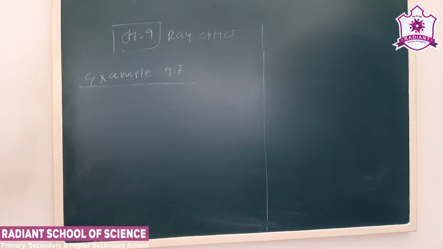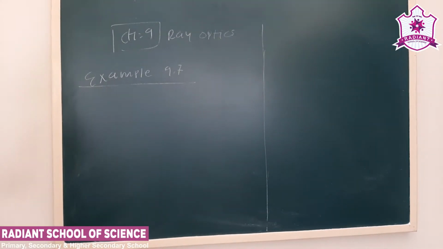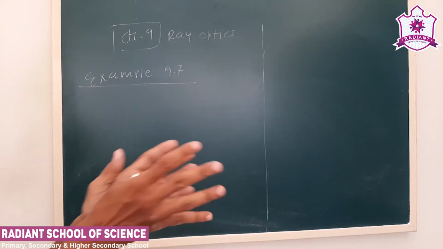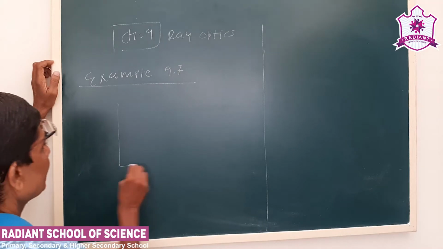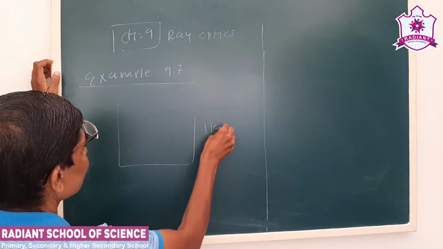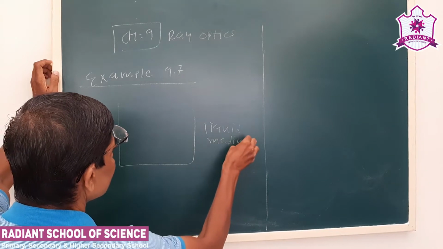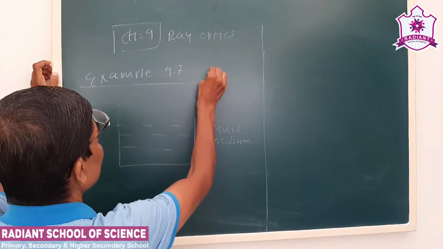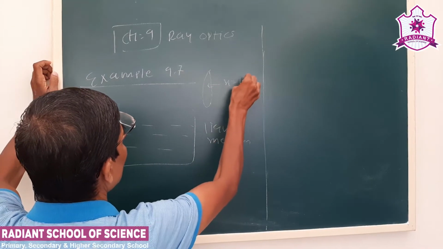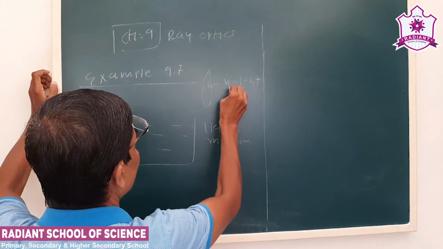A magician shows that the lens can disappear by keeping it in a medium. Let us say a liquid is there. Now see a lens of refractive index 1.47 which is kept in air.